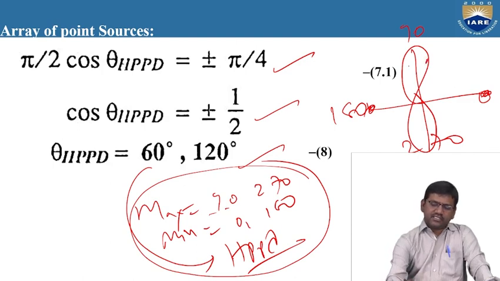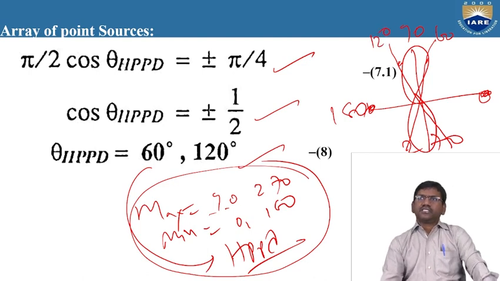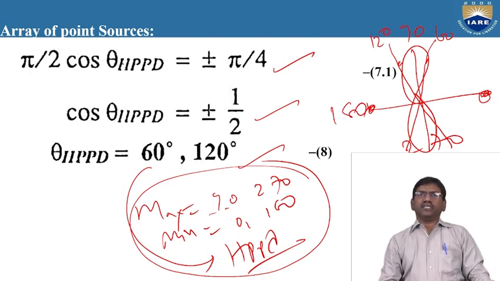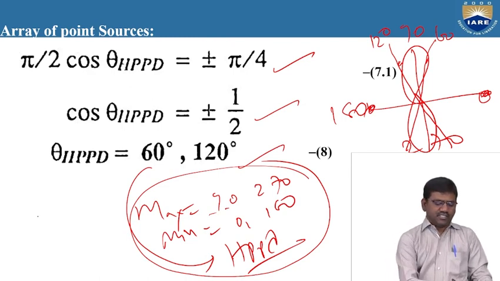So this is 60 and this is 120. This is the final radiation pattern of 2 point sources with equal amplitude and spacing, separated by a distance d equal to lambda by 2.